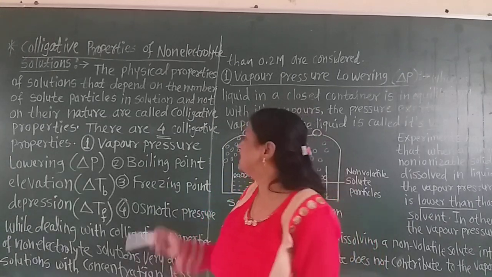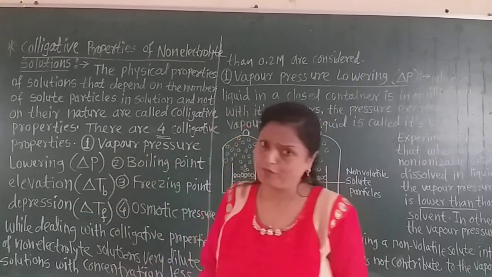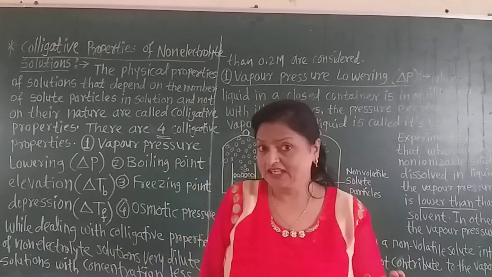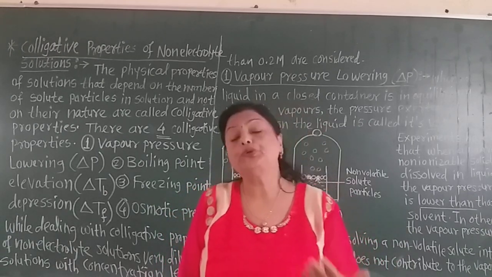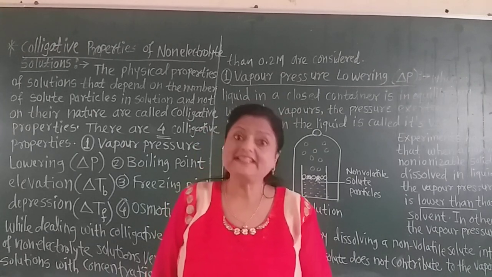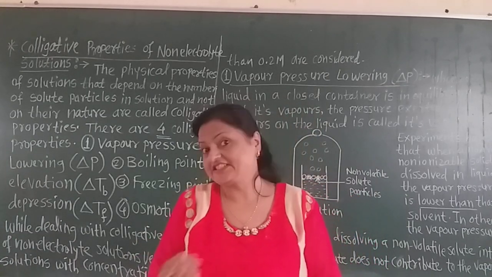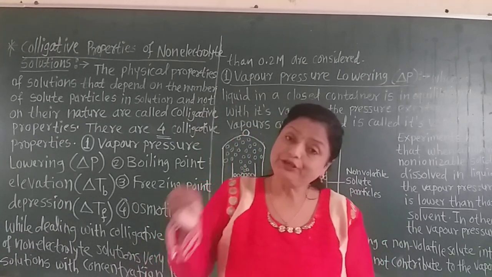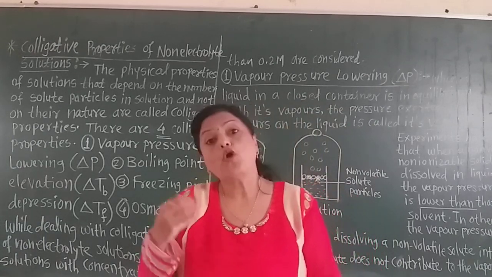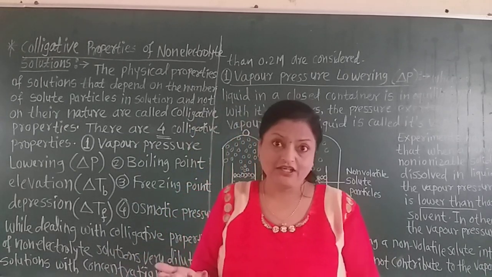The second one is the boiling point elevation. You know the boiling point, and elevation means increase. The boiling point increases when we add the solute into the solvent. Suppose the boiling point of the solvent, water, is 100 degrees centigrade. But if we add some sugar into the water, the boiling point of that sugar solution increases, it elevates.